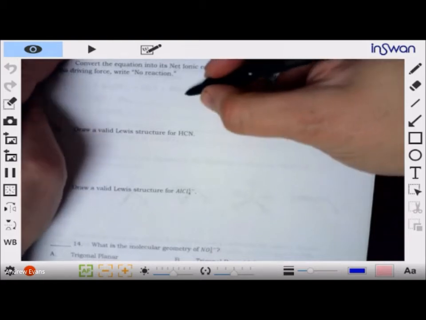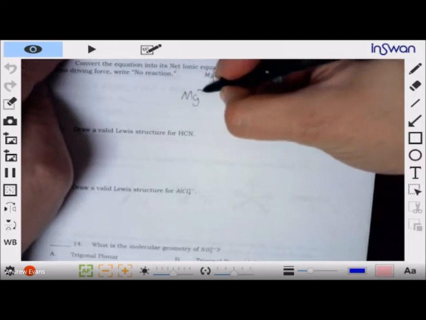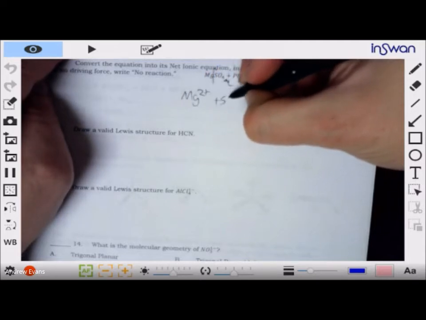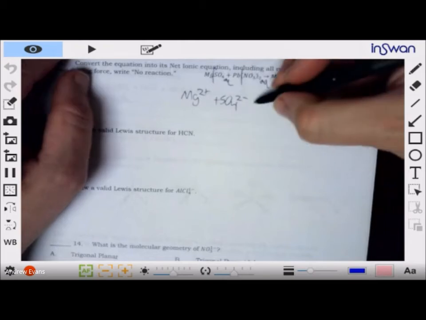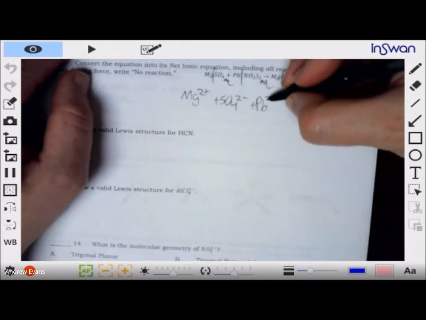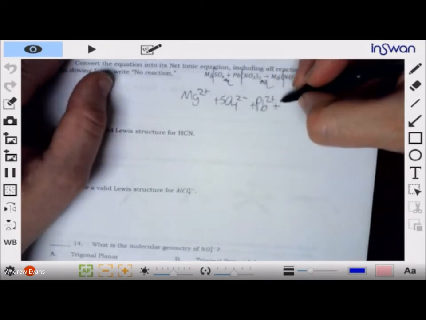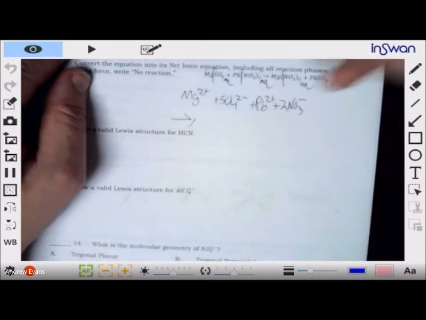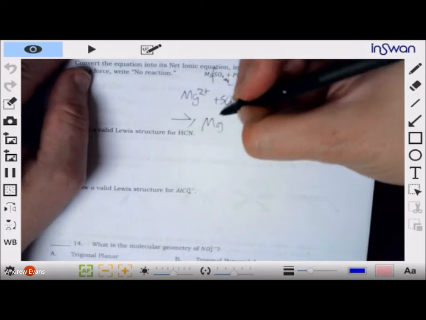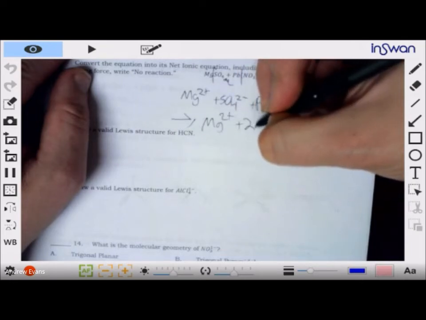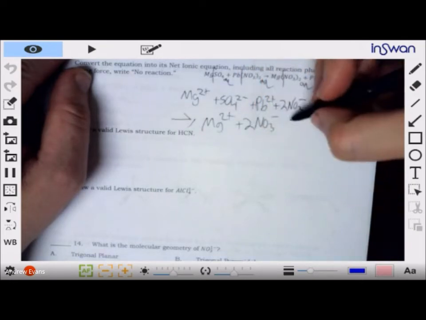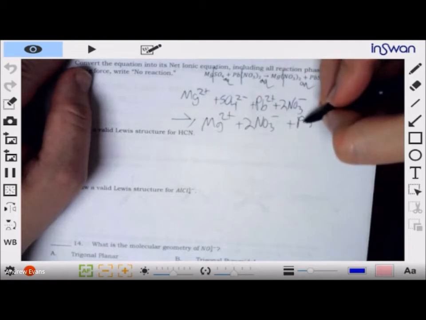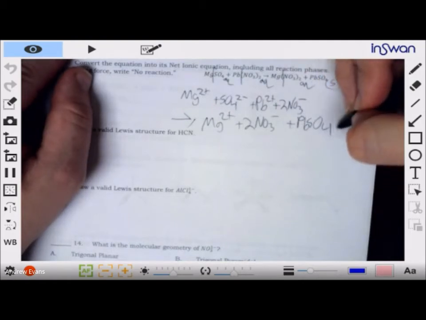So it would have Mg2 plus, SO4 2 minus, Pb2 plus, 2NO3 1 minus, yields Mg2 plus, 2NO3 1 minus, and PbSO4 solid.